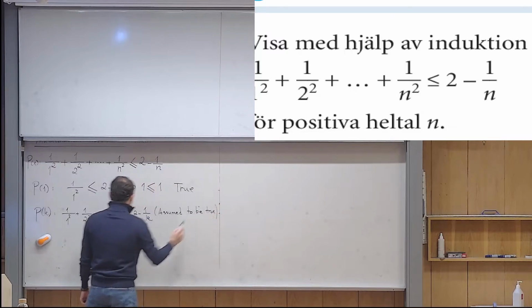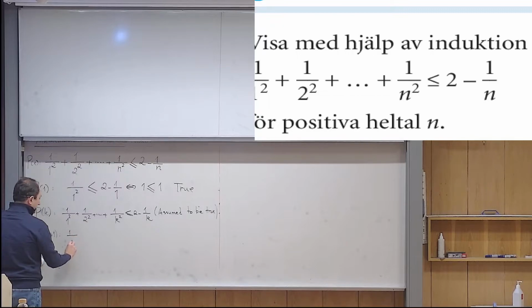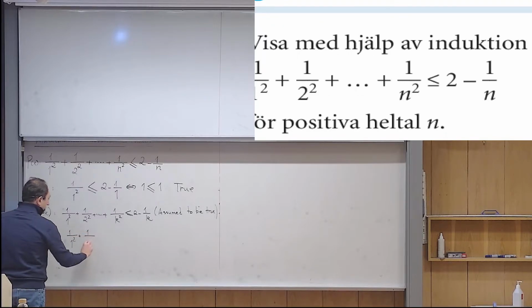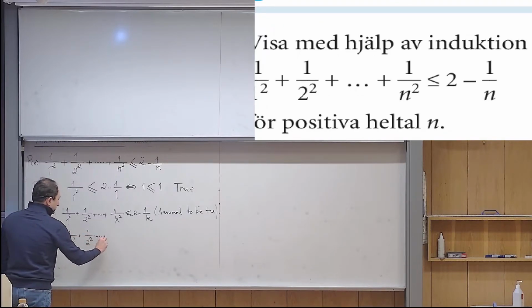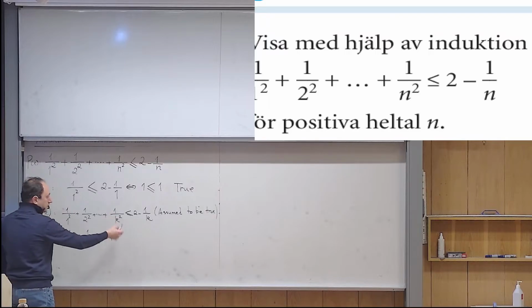And what I need to do now, I have to write the same thing, but this time for k plus 1. And you have enough experience by these dots, yes? So what is better to do? Of course, in principle, you don't need to do that, but it is always better to do it. So when I put k plus 1, it means that I start from 1 and then I go to k plus first step.